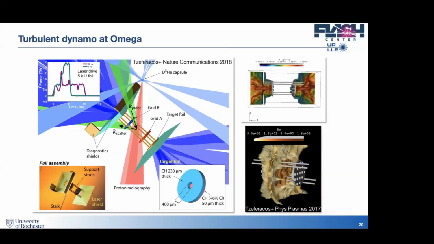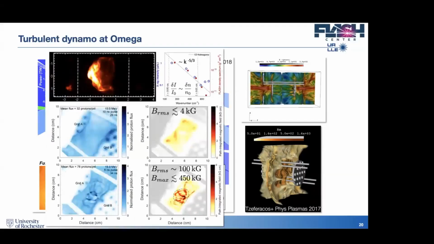They will be captured on a film, and this is what you see. Right? So you can actually capture the fluctuations of the magnetic field, and we developed a technique to be able to reconstruct the path-integrated magnetic field from these images that were able to showcase how much the magnetic field amplification was.